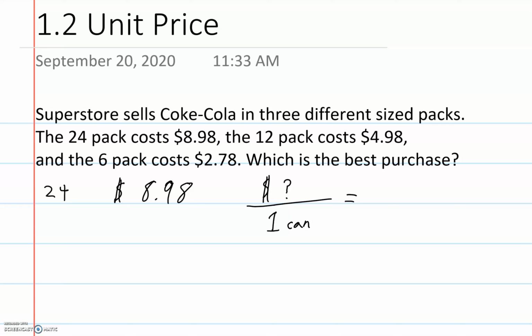So what we want to do is make sure that we have the same units on top as we had before, just like we did in the last video. So anyways, $8.98 and 24 cans. So again, same units on the bottom as on the bottom on the other side.